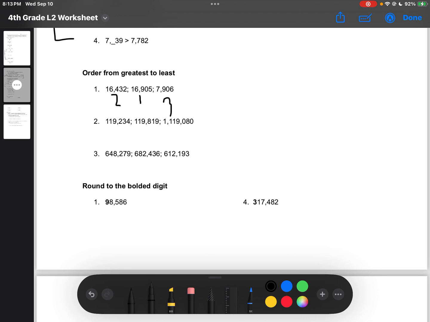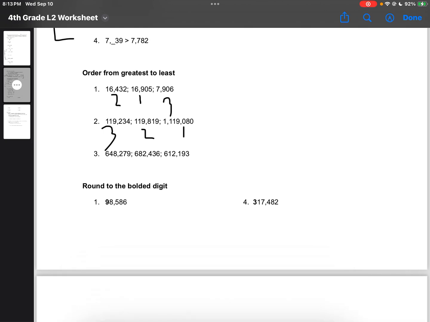Number 2, we have 119,234, 119,819, and 1,119,080. So we already know that the 1 million is number 1. Now for number 2, it will be this one, and number 3 will be this one. Alright, number 3, you guys could try it on your own.